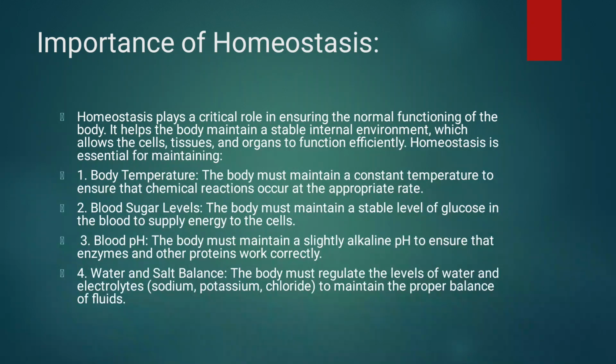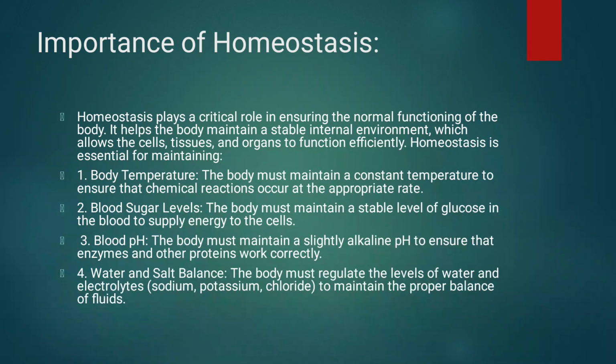The next thing is that homeostasis should maintain the blood sugar level, because the body must maintain a stable level of glucose in the blood for supplying energy to the cells. Then homeostasis is needed for maintaining the blood pH.